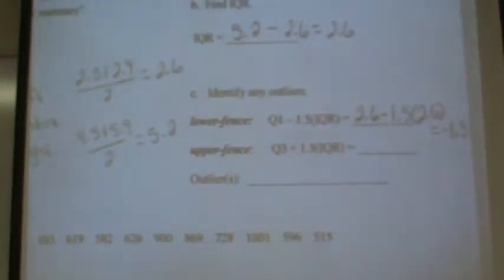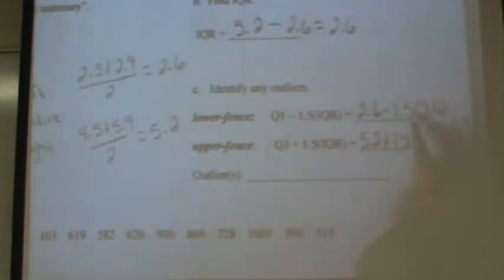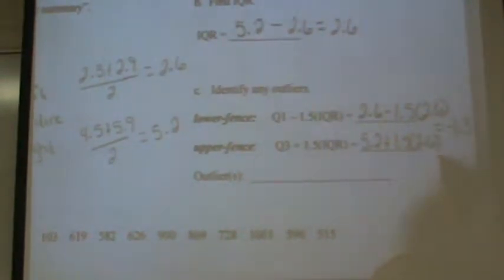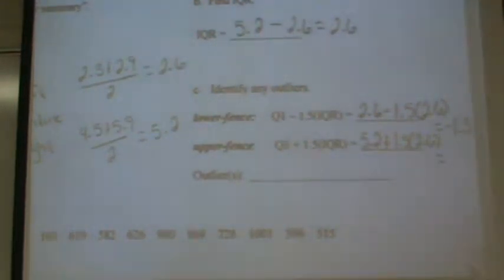Our upper fence is our Q3 value, which was 5.2, plus 1.5 times our IQR value, which again was 2.6. And that gives us 9.1.